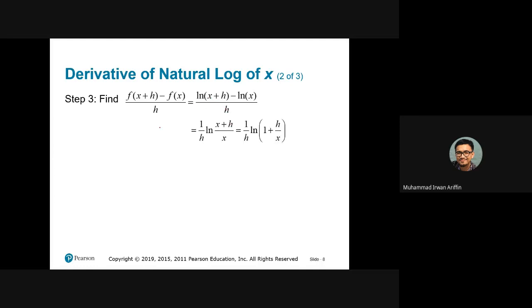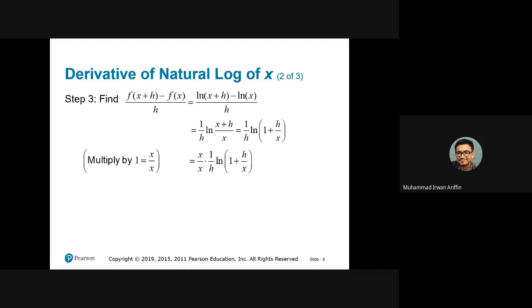This has a few tricks we have to apply to find the derivative. First of all, we separate them. We take 1 over h and collect this term, so we can simplify it like this. Now, the trick here is that we need to multiply this by 1.